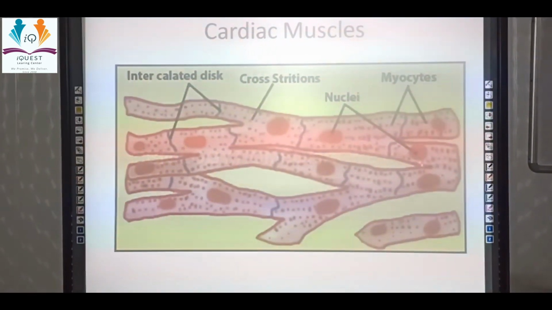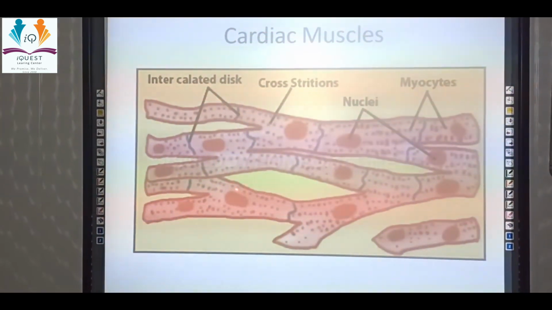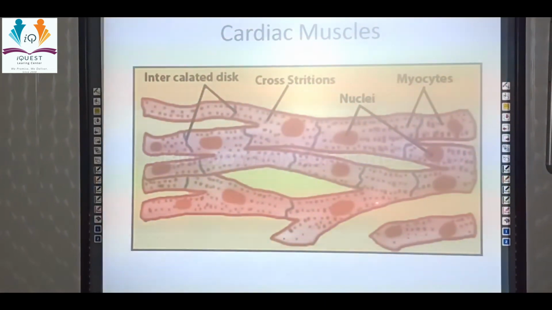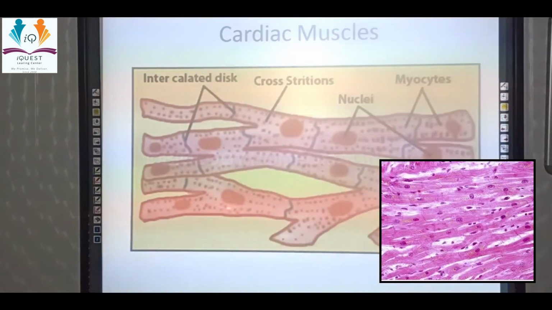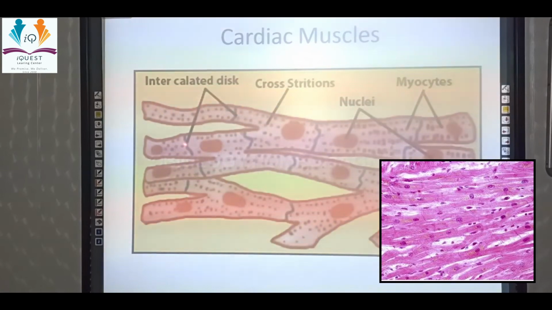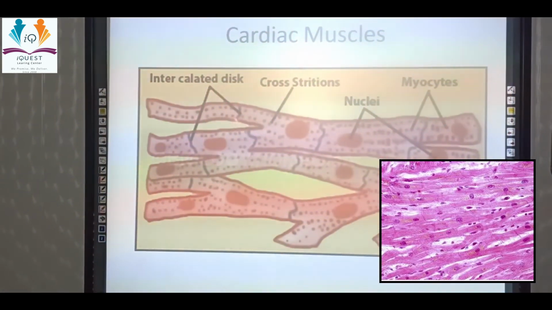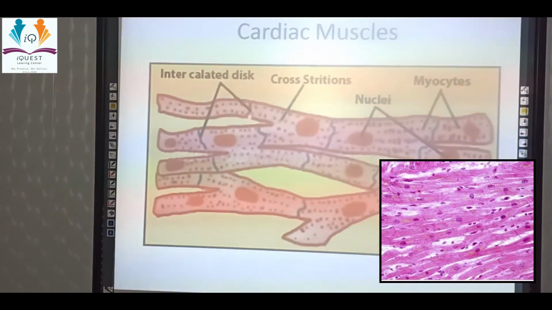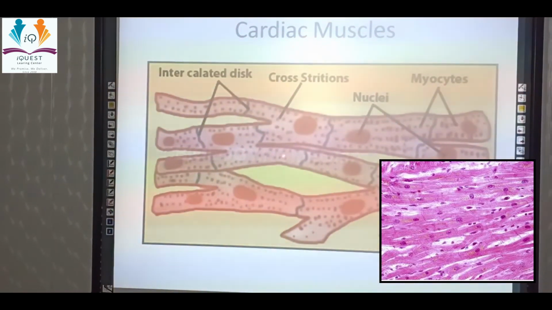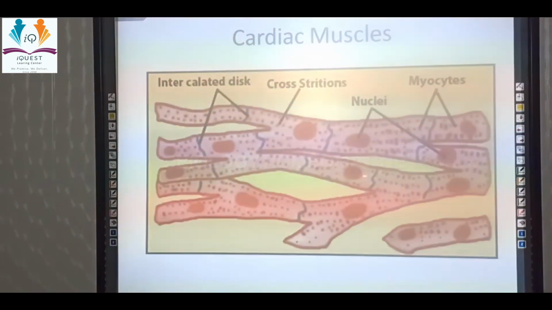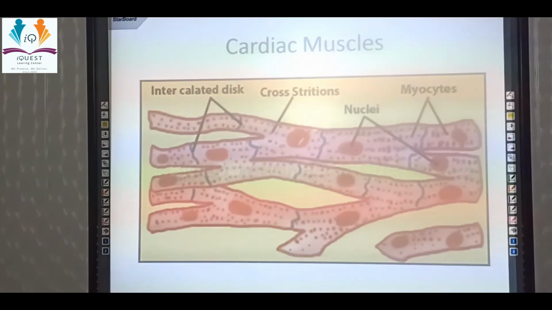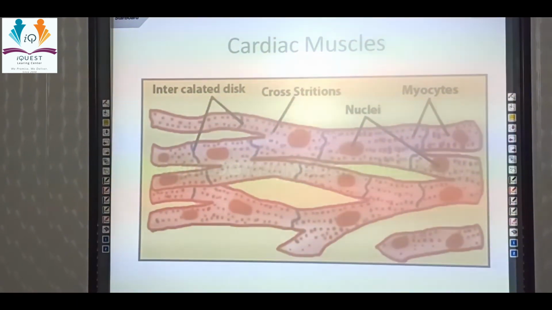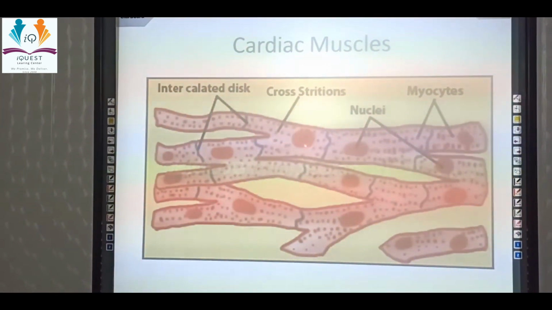It has the nucleus. These are very important muscles which are present in our heart. Branched muscles, having these striations as well as the intercalated disc which separates the different cells. Because in the structure you can see, this is the muscle fiber made up of different cells showing different nuclei.